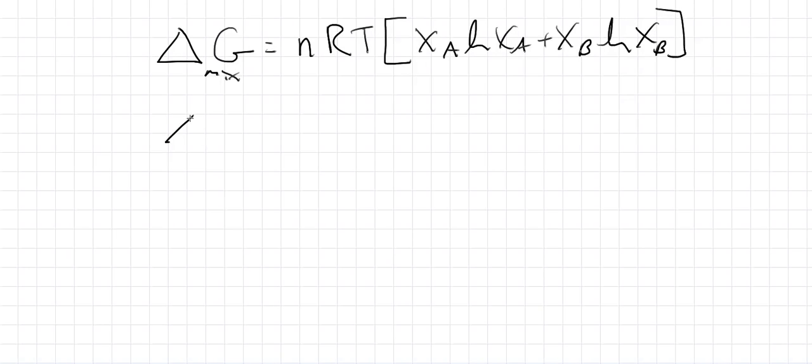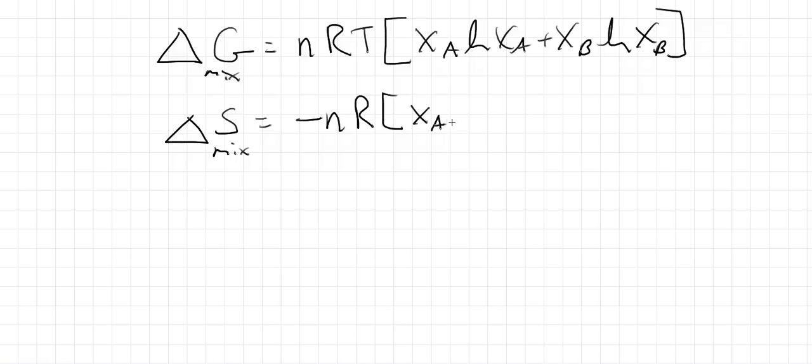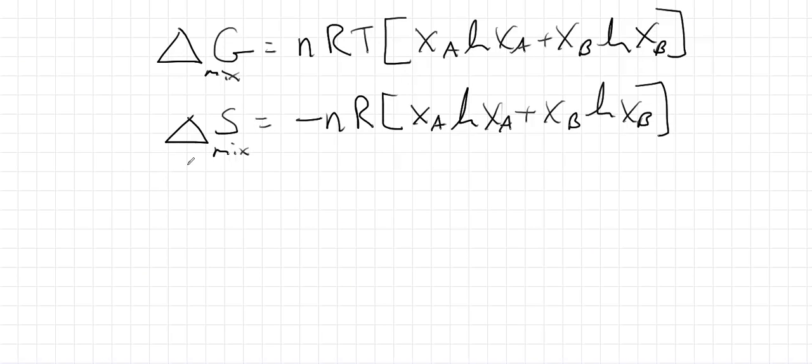And delta S of mixing we said was going to be negative nR, because we took a derivative with respect to temperature, times xA log xA plus xB log xB. Okay, great. Well, we can use these to find the enthalpy of mixing. So we know that delta G is equal to delta H minus T delta S.